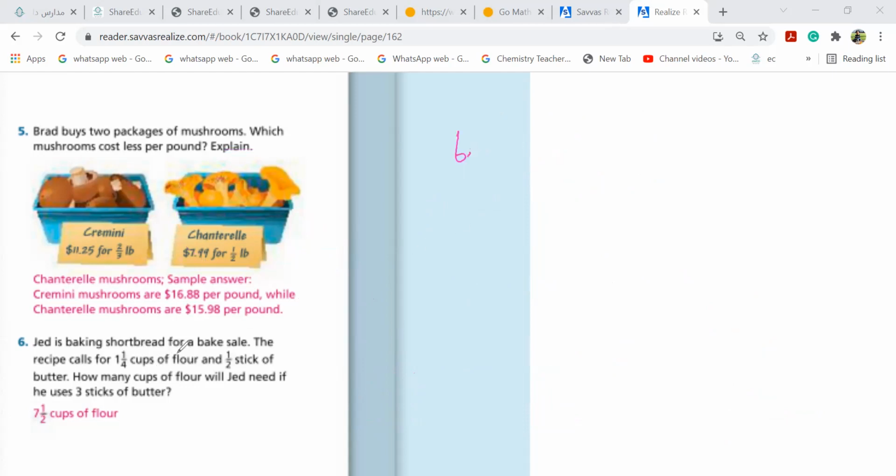Now, question number 6. Jed is baking shortbread for a bake sale. The recipe calls for 1/4 cup of flour and half a stick of butter.